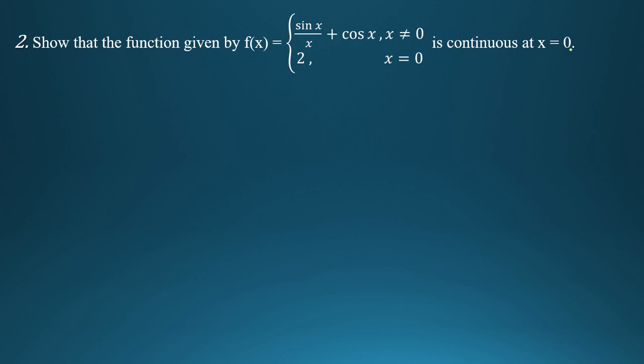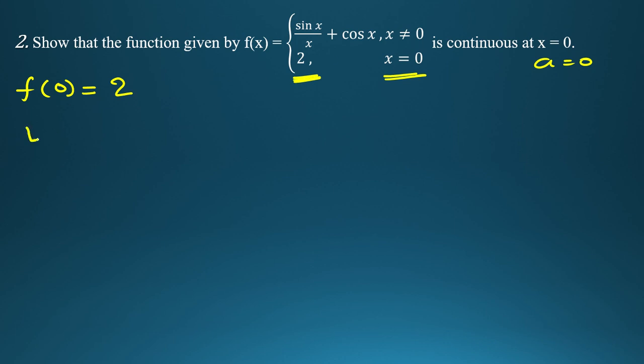This is a double valued function. Here the value of a is 0, and we have to check at x equal to 0. So f(a) means f(0), the value of f(x) at x equal to 0. It will be 2, because here it is written that at x equal to 0 this function will be equal to 2.